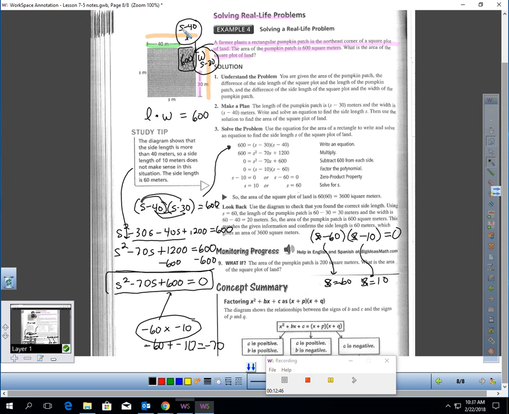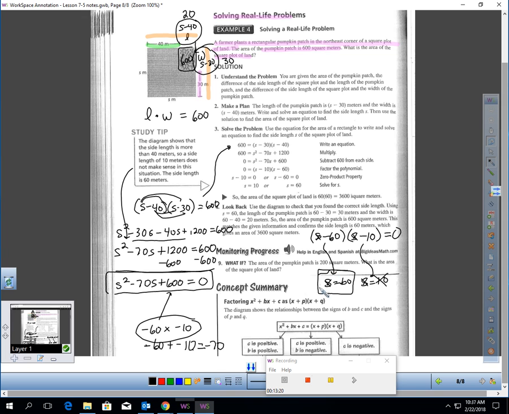Let's try it. If I put a 60 in for S, 60 minus 40, the length could be 20, 60 minus 30. It could be length 20 and width 30. Let's try 10. 10 minus 40 gives me negative amounts, so that doesn't make any sense. So I know right now the side length had to be 60.